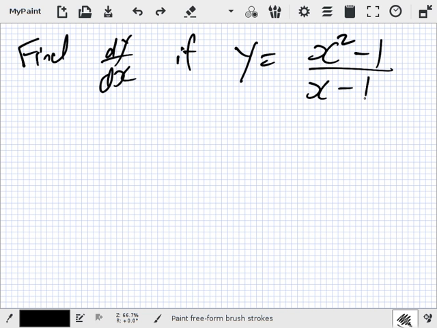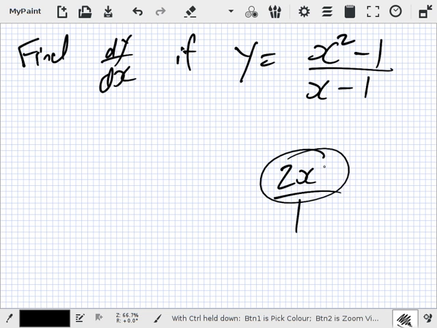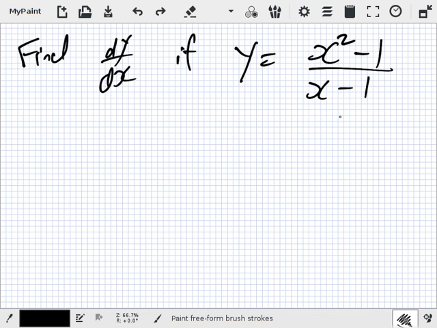A common mistake people make here is that they think, oh, easy peasy. I know that the derivative of x squared is 2x, derivative of 1 is 0, derivative of x is 1, derivative of minus 1 is 0, so my answer is 2x. No. In my list of rules, were any of the functions I gave you fractions? No. We haven't done that yet.